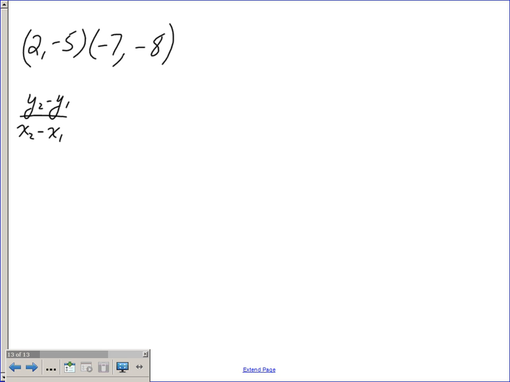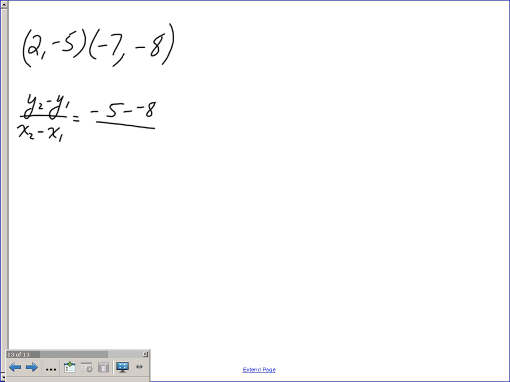Meghand, does it matter which one's x1, y1? No. So let's go with -5, the difference in the y's: -5 minus a -8. Notice the double sign there.